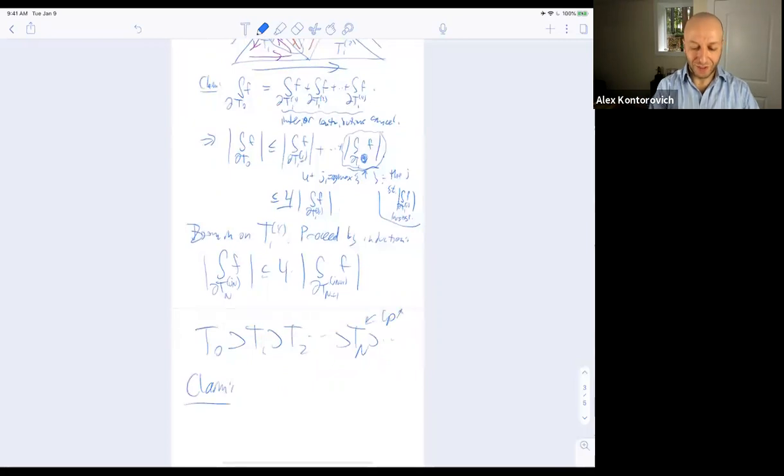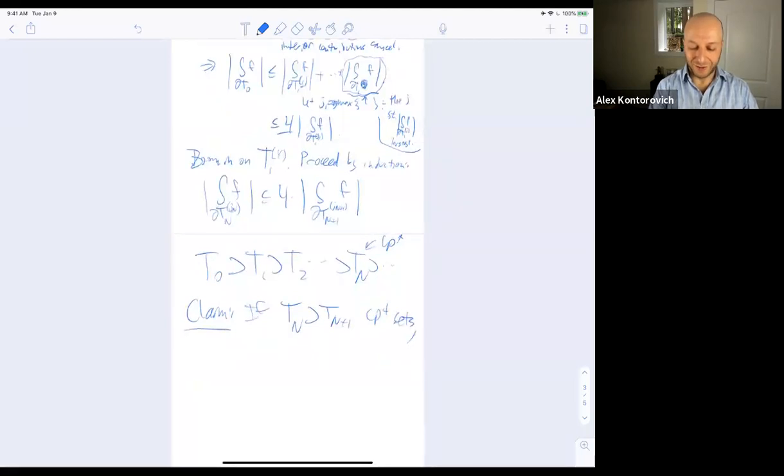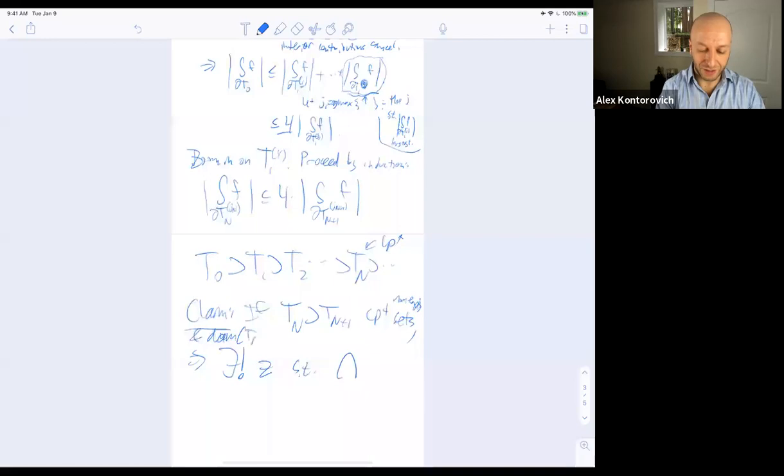This is a general fact: if I have a decreasing sequence of non-empty compact sets, and the diameters of the Tn are going to 0, the triangles are getting smaller and smaller, then there's a unique point Z so that the intersection of all of these is the singleton Z.